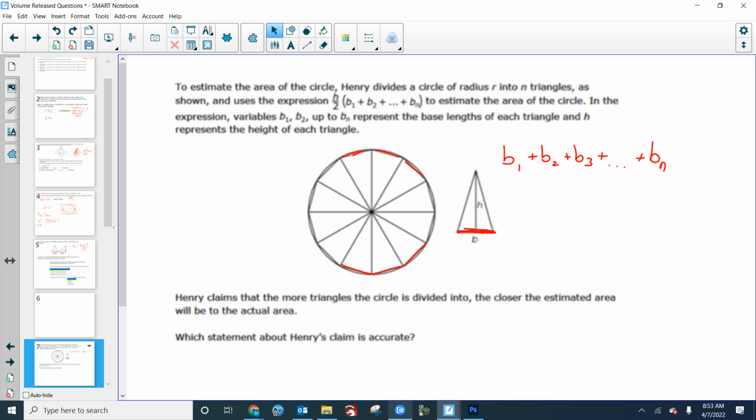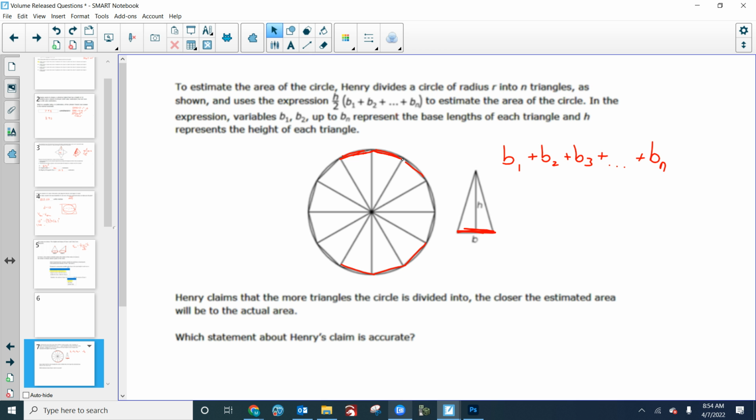What happens if you add up all the bases? If there's n triangles? Perimeter. You get the perimeter of that polygon. Do you agree? Ready? Next level of questioning. As the number of triangles increases, the perimeter of that polygon approaches the blank of the circle. I'm going to trace all the b's. Ready?